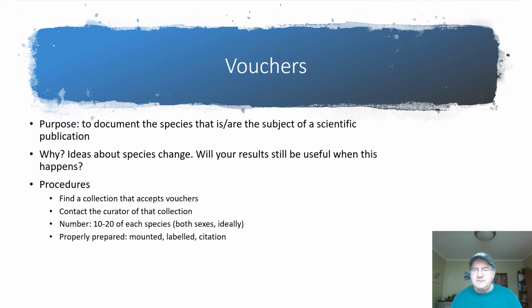Put a green label and say that this is a voucher, and then give a tiny little citation of the paper in which it was published, so that somebody coming along later and saying, boy, that was a very interesting result that so-and-so got on this species of beetle, I wonder, do they have the same species that I have? Let's go take a look at their specimens. And so you can actually put your hands on those specimens in an efficient and quick way.